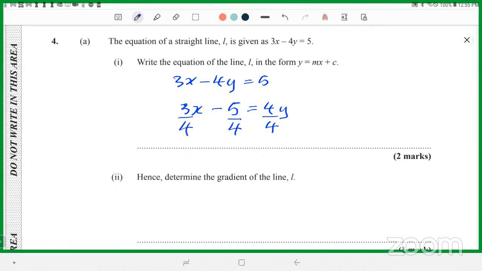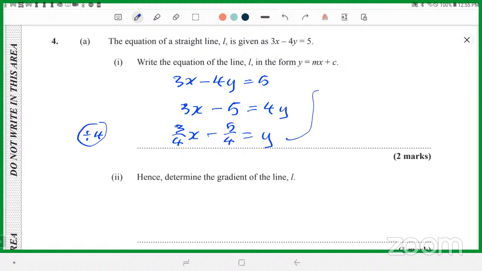divide all the terms by 4, or you can say multiply by a quarter. Same difference. When I divide by 4, this becomes 3 over 4x. This becomes negative 5 over 4. And this becomes just y. So to set it out like this, it's just a matter of turning this equation around.